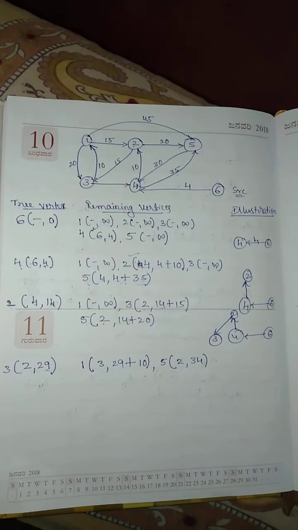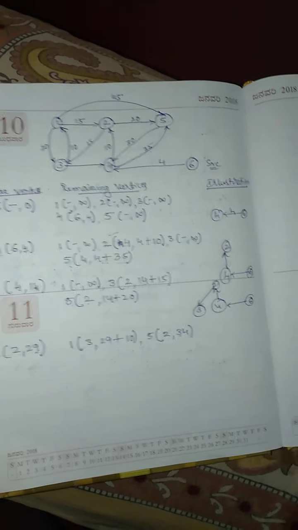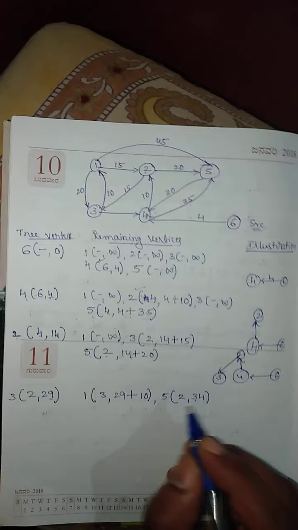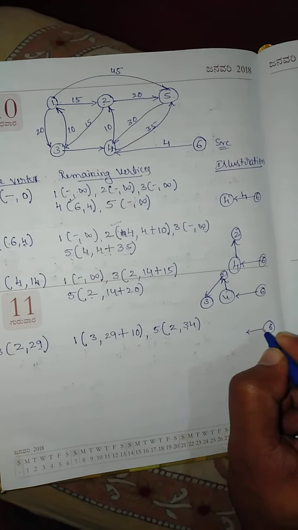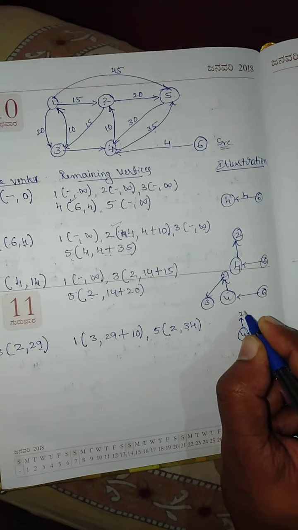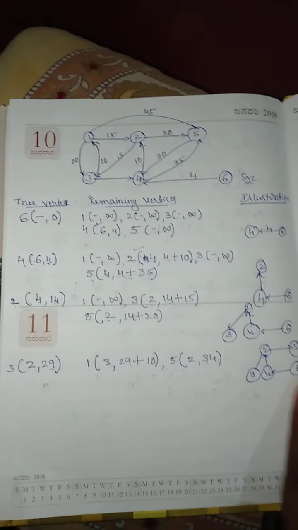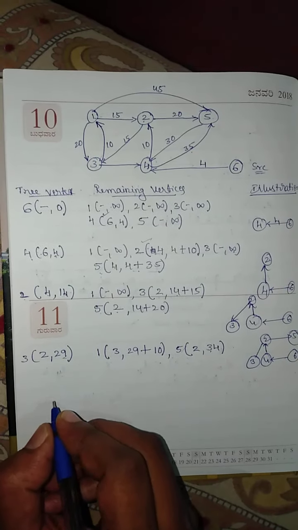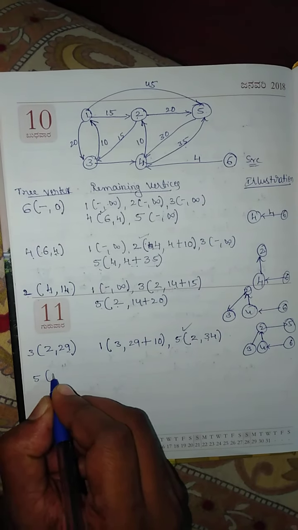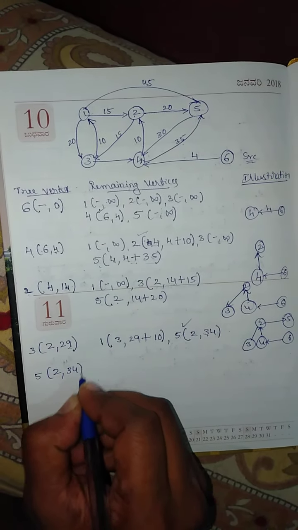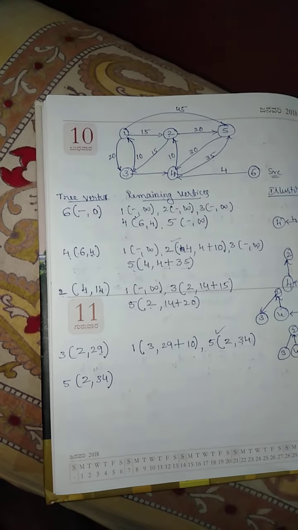So 34 and this is 39. This is the lesser value, therefore we will consider the edge 2, 5. 6, 4, 2, 3. Now we will add 5, which is reachable via 2 with a cost of 34. Next, is there any edge from 5 to 1?